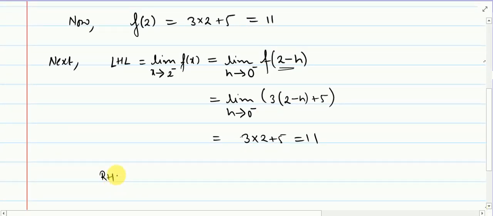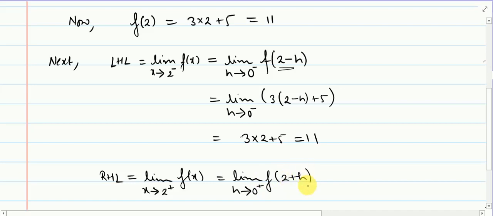Now I will find my right hand limit. So for this, x tends to 2 plus f of x, limit h tends to 0 plus f of 2 plus. Okay, then limit h tends to 0, and here f of 2 plus h, this is like x for you.